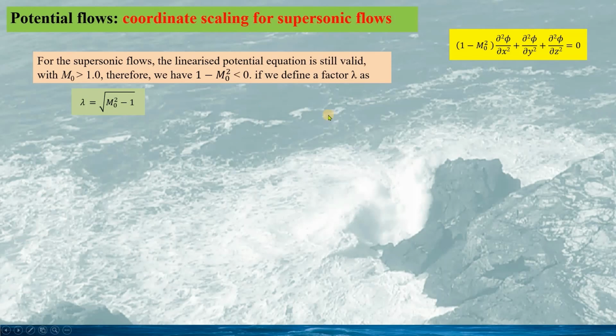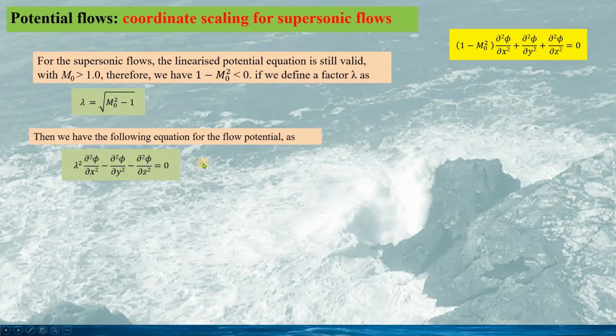So we can define a different factor lambda given as this, and the corresponding potential equation would be given as this. If we compare this equation to the potential equation for the subsonic flows, this equation is of elliptic type, and the equation for the supersonic flow is the hyperbolic type, which is in a way very similar to the wave equation.